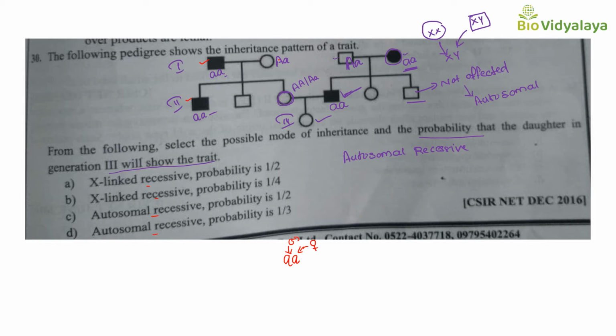Next we have to find the probability that this mother is heterozygous. So what is the genotype of the parents? Small a, small a crossed with capital A, small a.